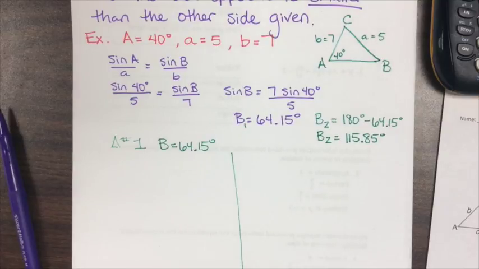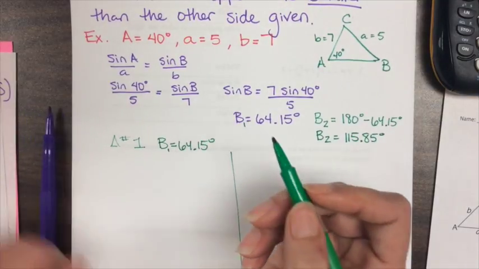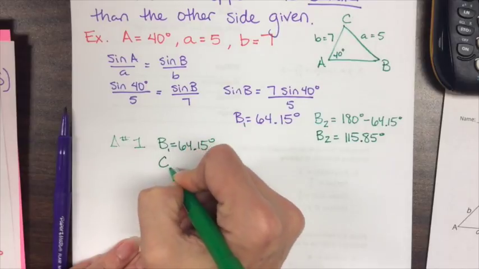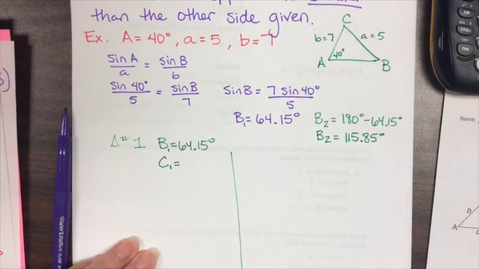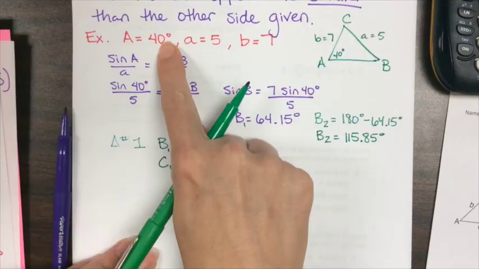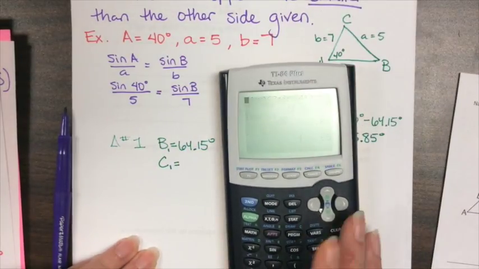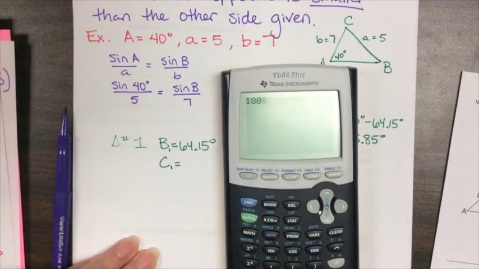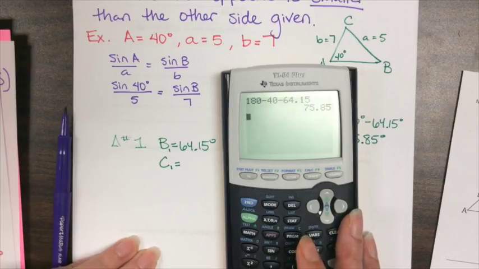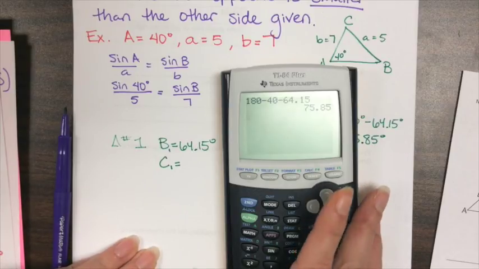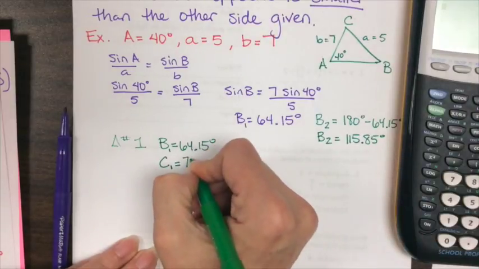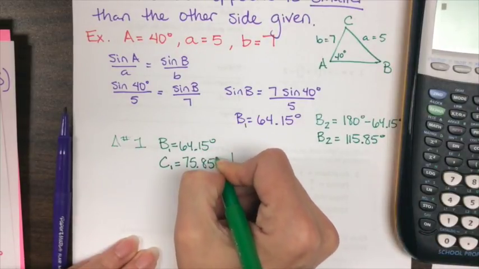If B1 is 64.15 degrees, for angle C all we're going to do is take 180 minus 40 for angle A minus 64.15 for angle B, and we find that angle C for the first triangle is 75.85 degrees.